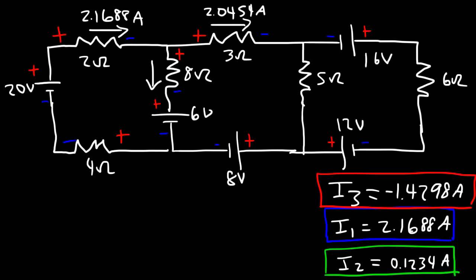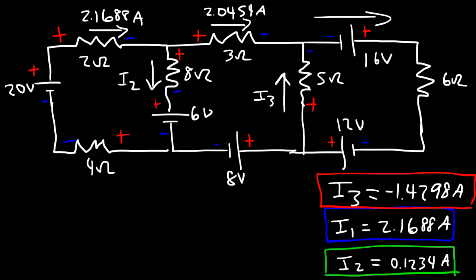Now I3 is a negative value. Before, we defined I3 flowing this way, but in actuality it's flowing in that direction. And so therefore this should be positive and this should be negative. Now the current that flows in this direction is I1 minus I2 minus I3.